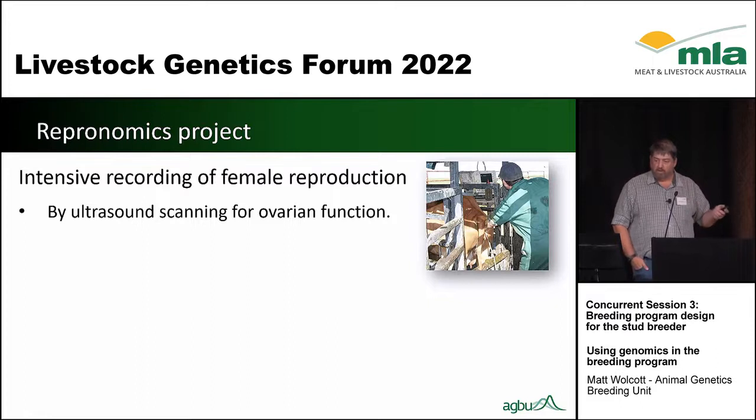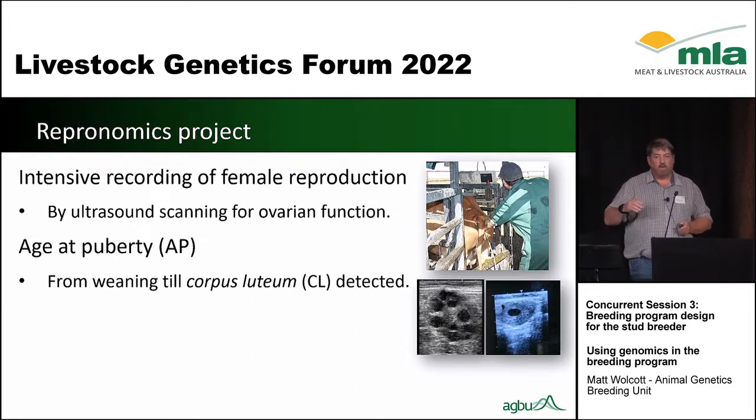We're doing that by ultrasound scanning, so we're actually imaging the ovary to identify when females start cycling in the case of age at puberty, or when they start recycling in the case of lactation and estrus. And we've actually seen these pictures before, but the one on the right there is a juvenile, or at least non-cyclic ovary.